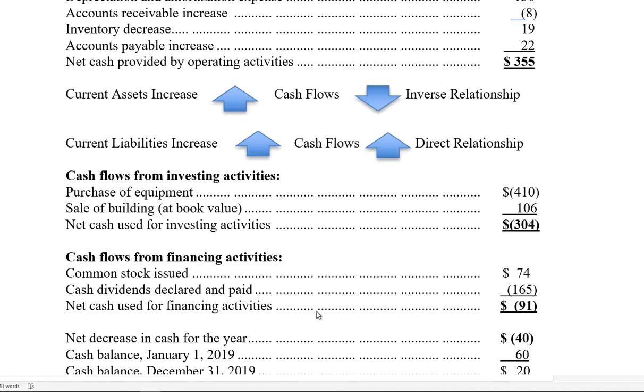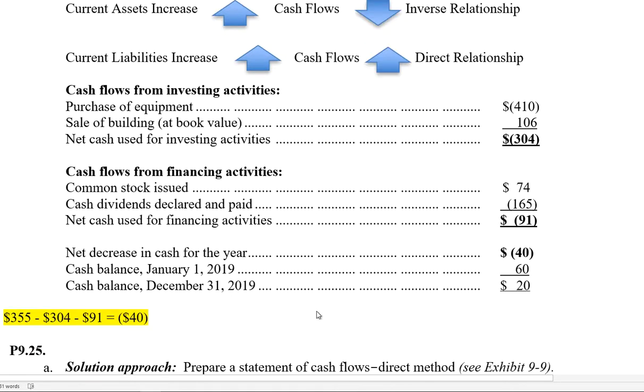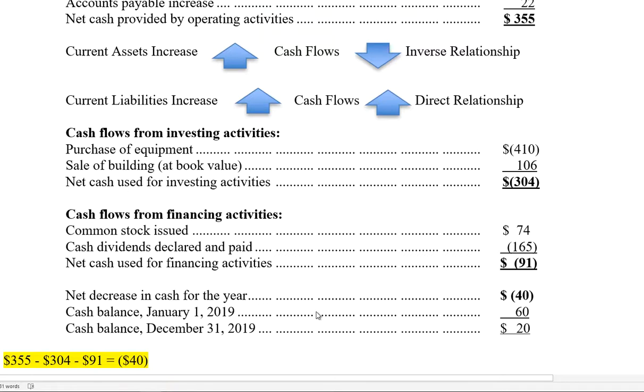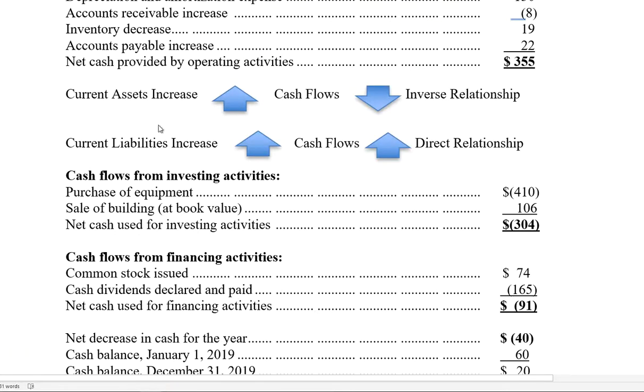So this is not something that students usually, once I explain it like this, have too much of a problem with, as long as they memorize current assets, inverse relationship, current liabilities, direct relationship, and they understand what that is, then they can work any one of these problems. Not a hard schedule at all.